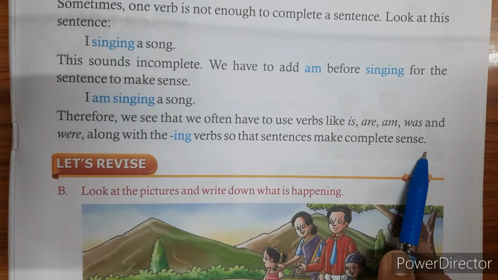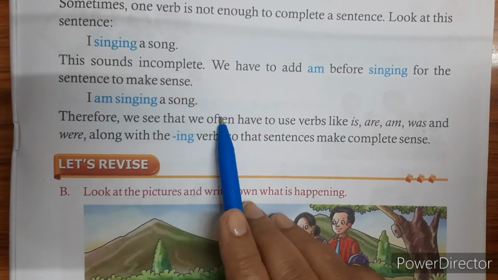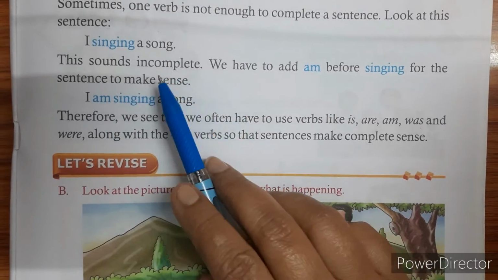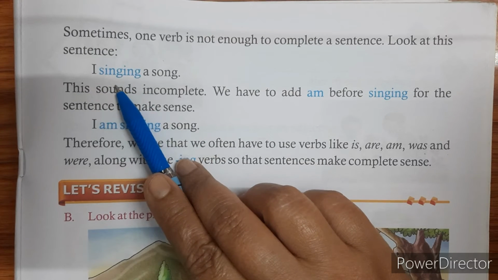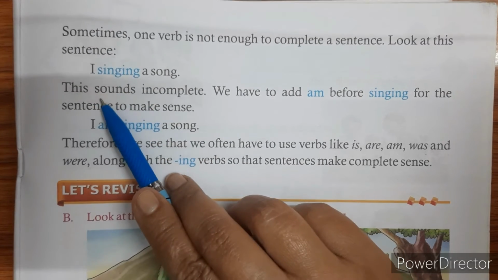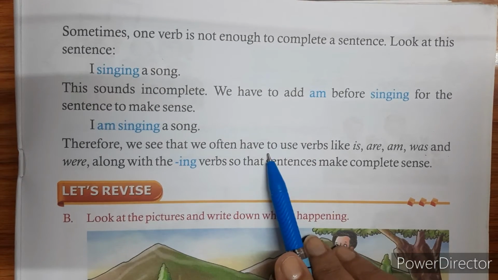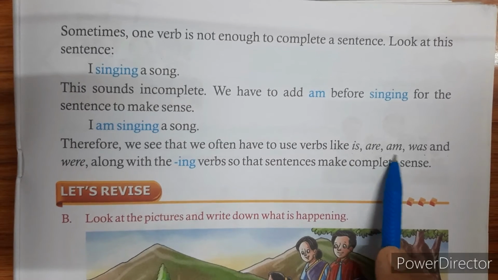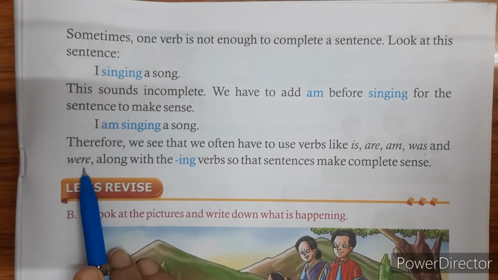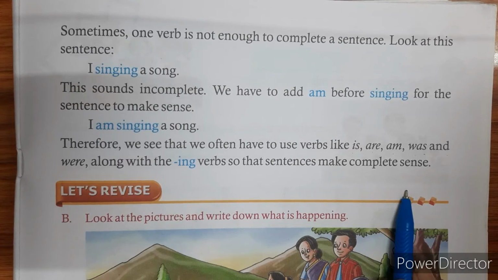So, students, sometimes in some sentences, only adding the main verb does not give complete sense to the sentence. That is, it does not give a complete meaning. So, we have to use the helping verbs is, are, am, was, and were along with the ing verbs. Then they make complete sense.